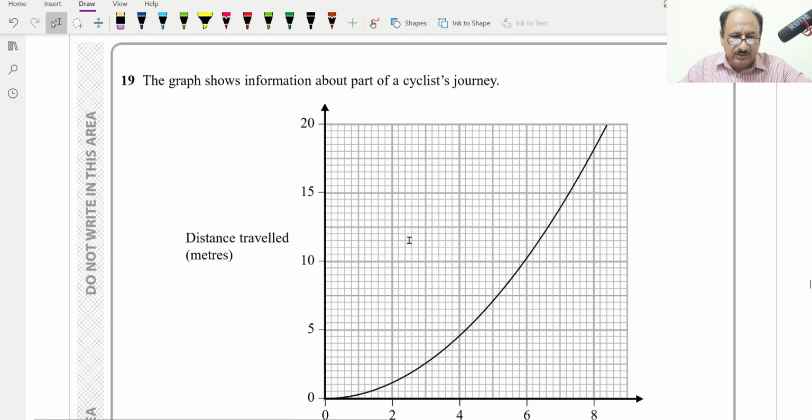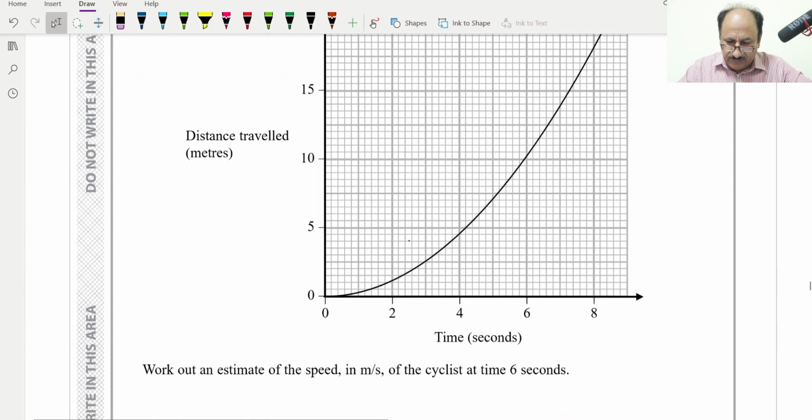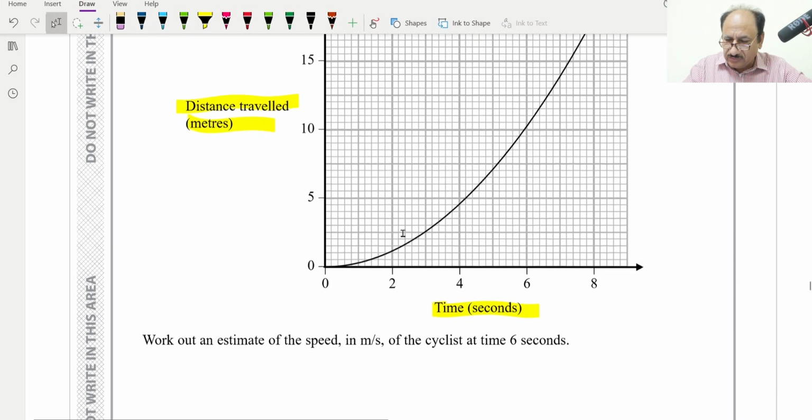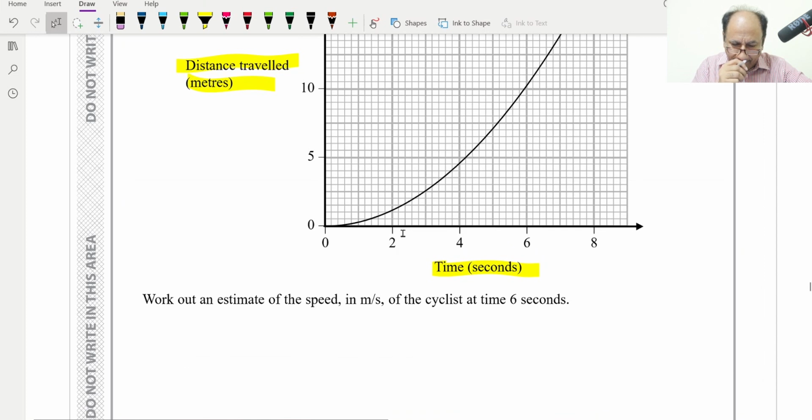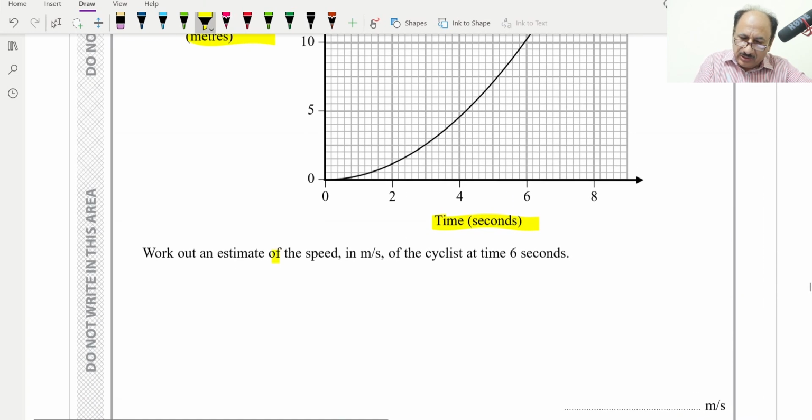Question number 19 is: the graph shows information about part of a cyclist's journey. This side is distance traveled in meters, and the x-axis is time in seconds. Work out an estimate of the speed in meters per second of the cyclist at time 6 seconds.